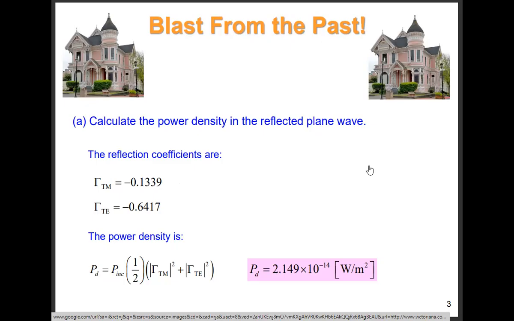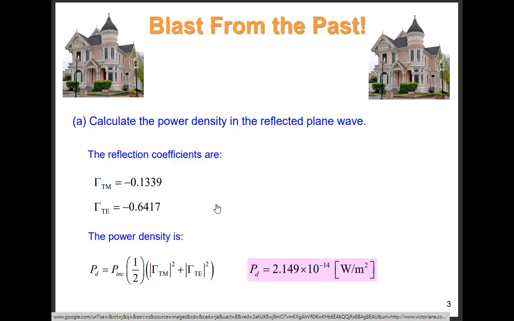And we had those formulas for the Z's. So TE is omega mu over KZ, TM is KZ over omega epsilon. Remember what I'm talking about from last time? Okay, all right. So hopefully, and I invite you to go ahead and calculate these yourself just to verify that you get the same thing, okay? But anyway, following the exact same thing I did in last time's example in the notes, we get the gamma TM and the gamma TE, okay?